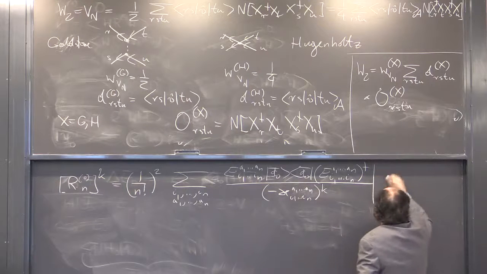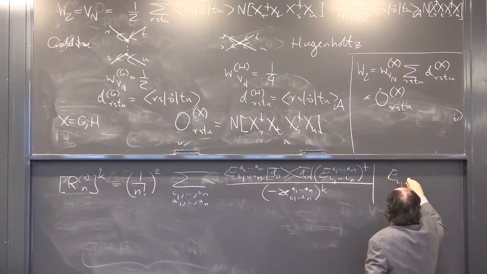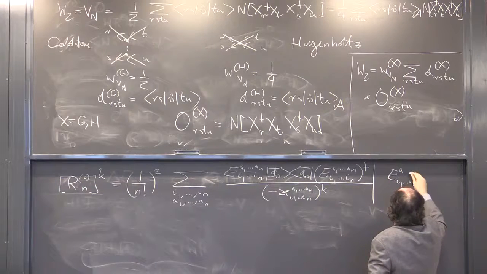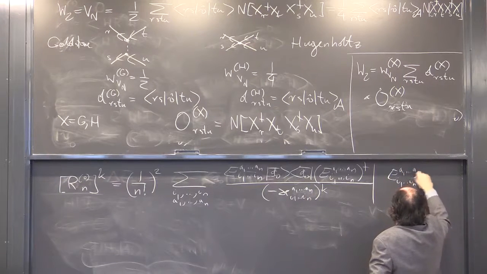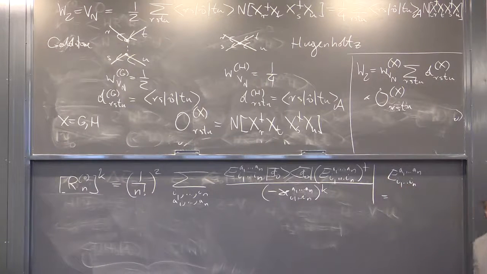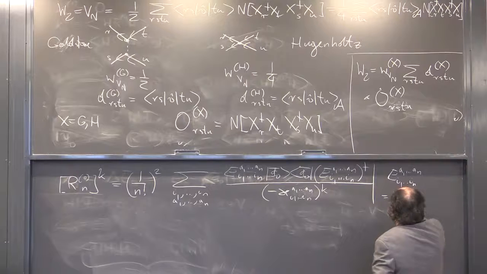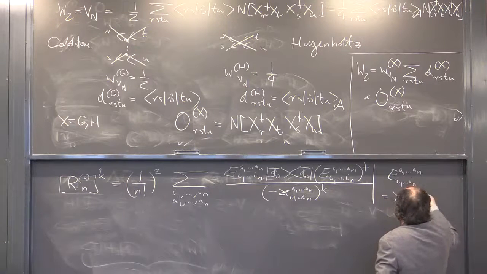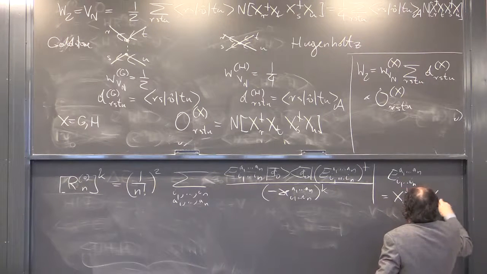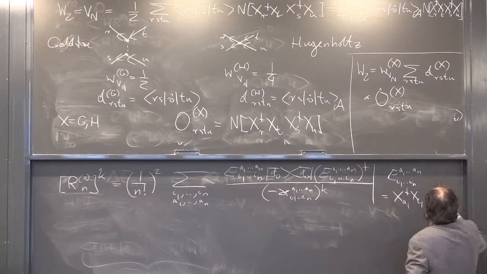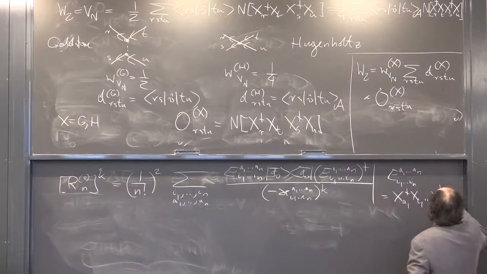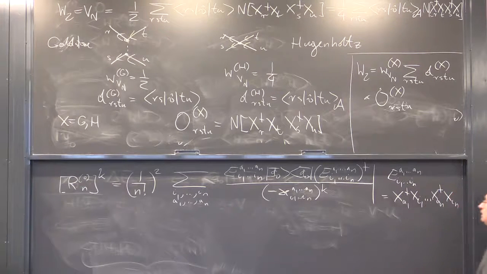And maybe as a reminder, how we define these operators. E, i1 through iN, a1 through aN is the product of creation and annihilation operators, these pairs corresponding to excitation. So we have X_a1 dagger X_i1, and then after some dots you have X_aN dagger X_iN.